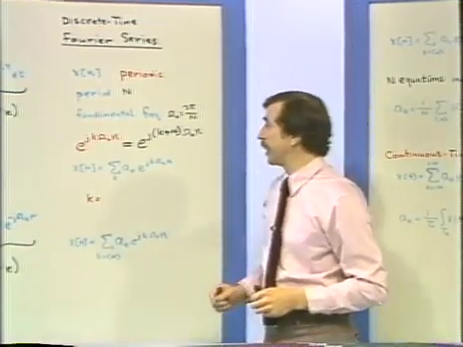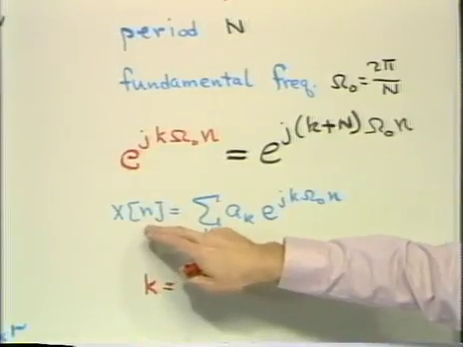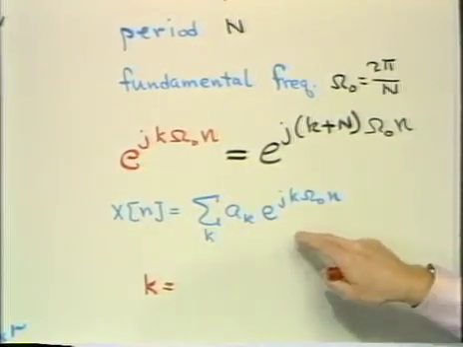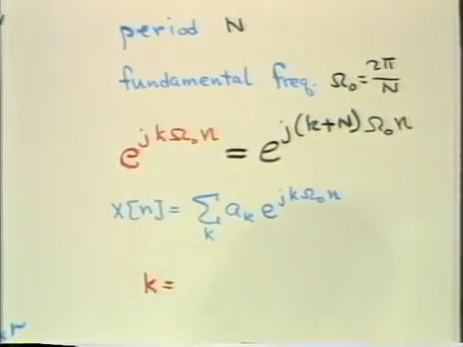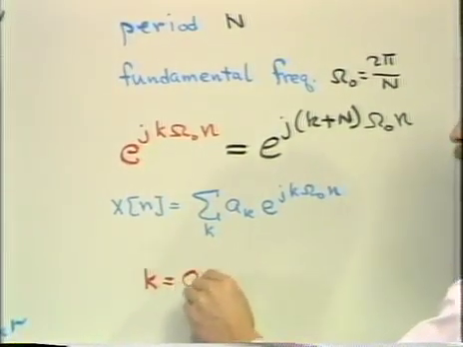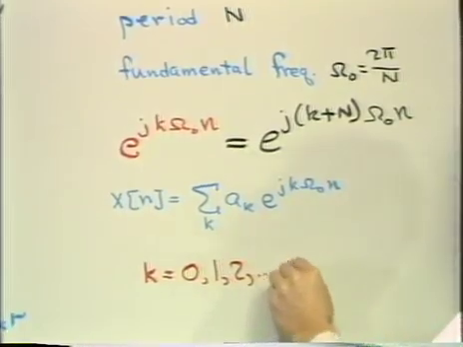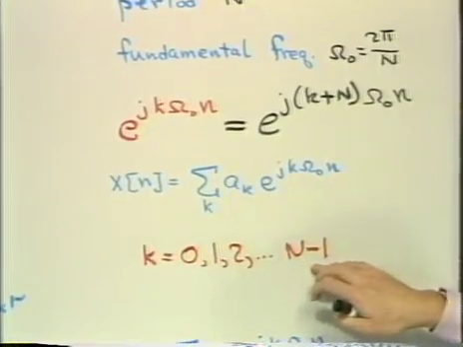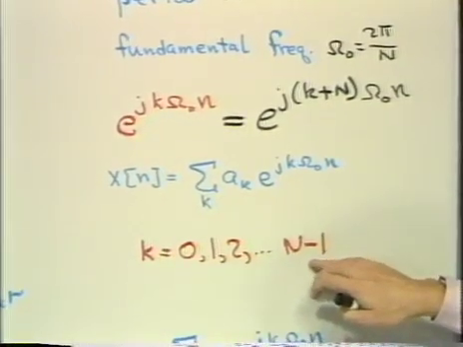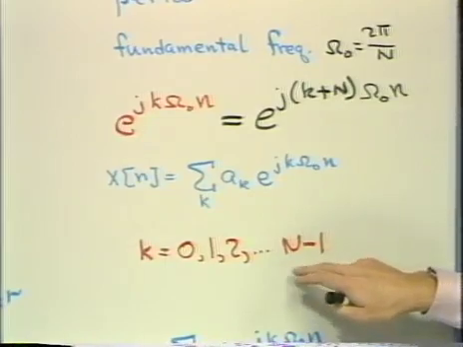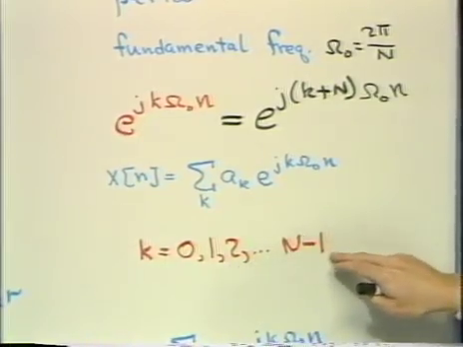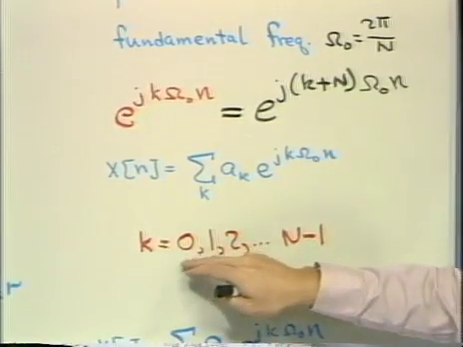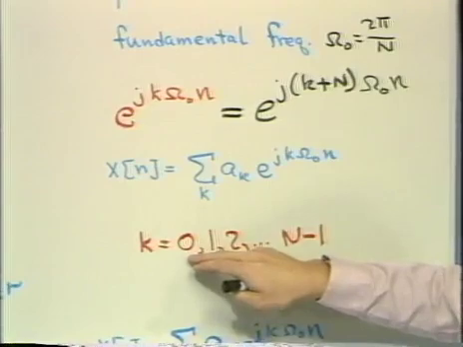And so if we can build x of n out of this linear combination, then we better be able to do it as k varies from 0 up to N minus 1, because beyond that, we'll simply see the same complex exponentials over again. So, for example, if k takes on the value capital N, that will be exactly the same complex exponential as if k is equal to 0.